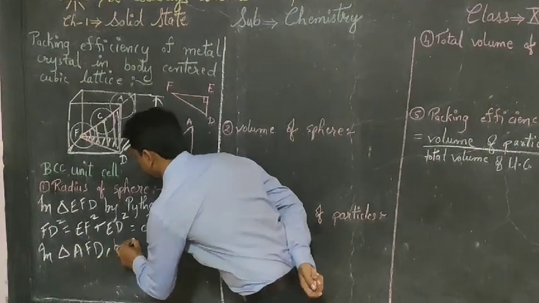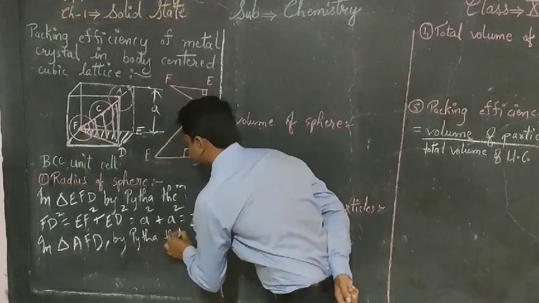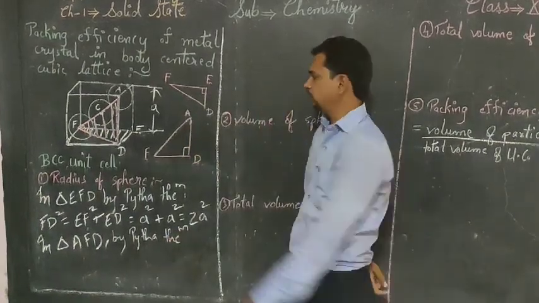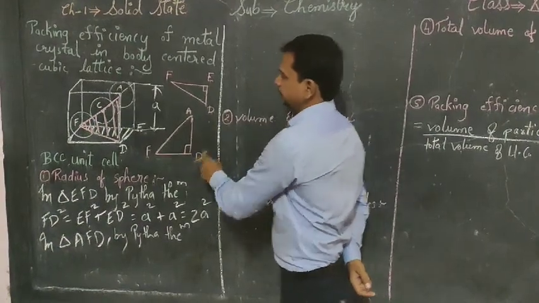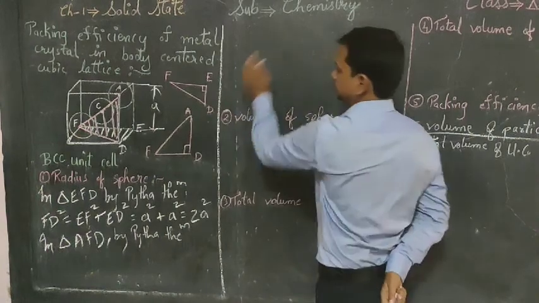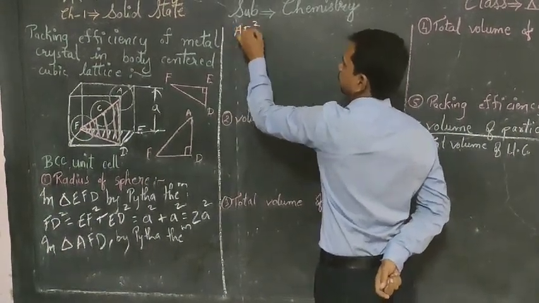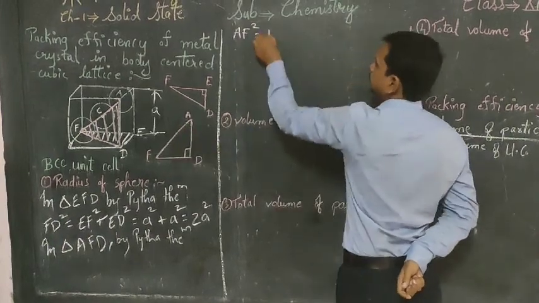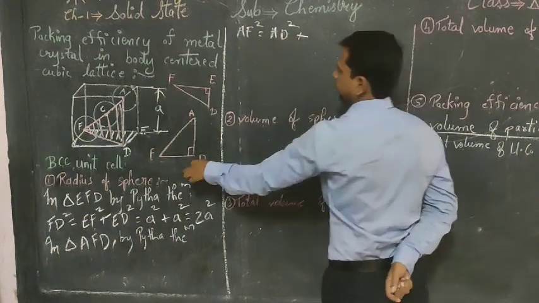By Pythagoras theorem, what will we get? AF square is equal to FD square plus AD square. So AF square is equal to AD square plus FD square.